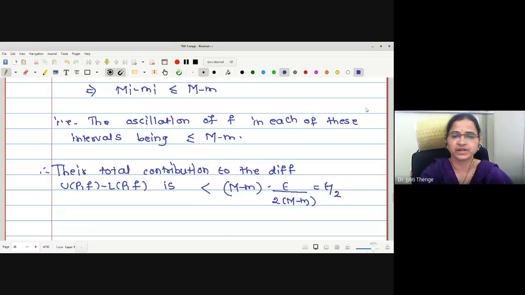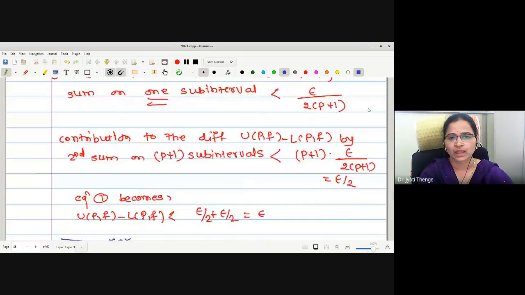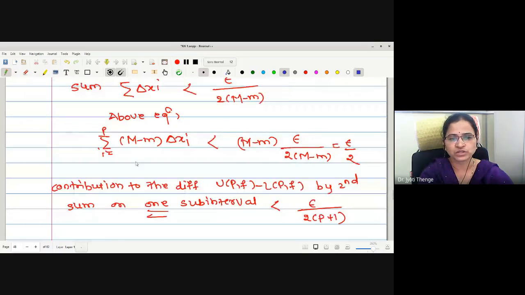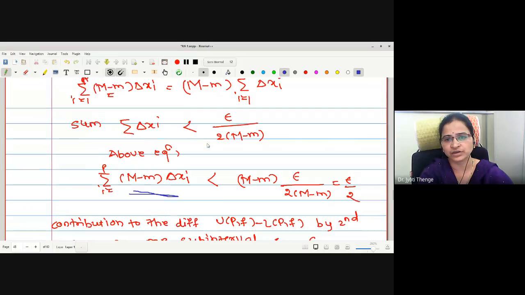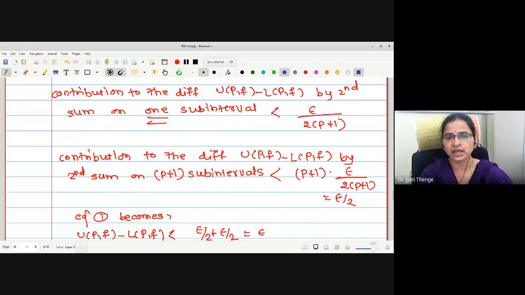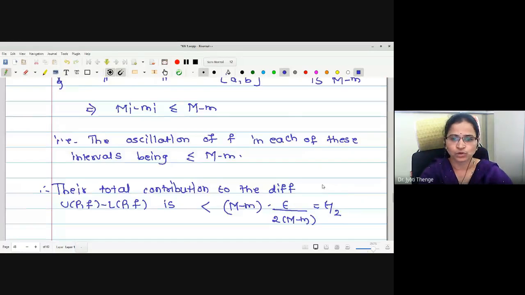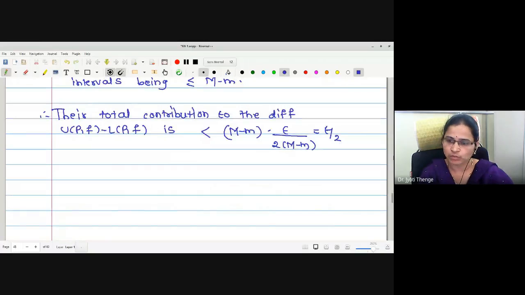Here we have written the contribution by these P subintervals containing P points of discontinuity is less than M minus m into summation delta x. So summation delta x we have selected like this. So the total contribution is less than epsilon by 2. Let me call this statement number 1.